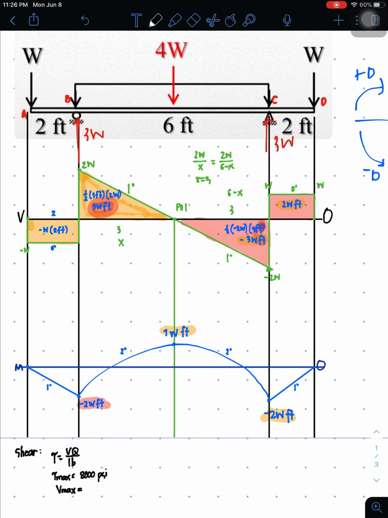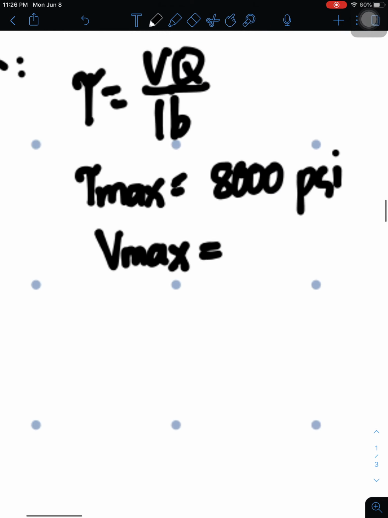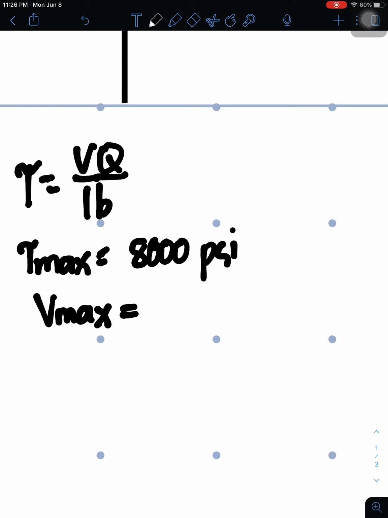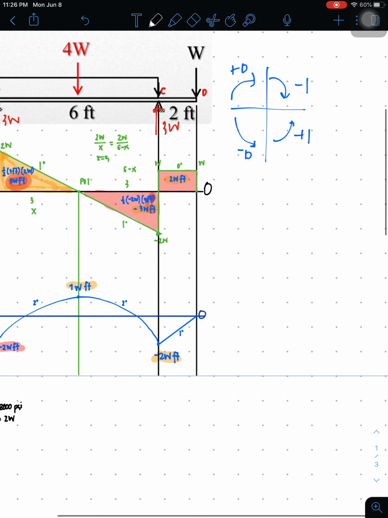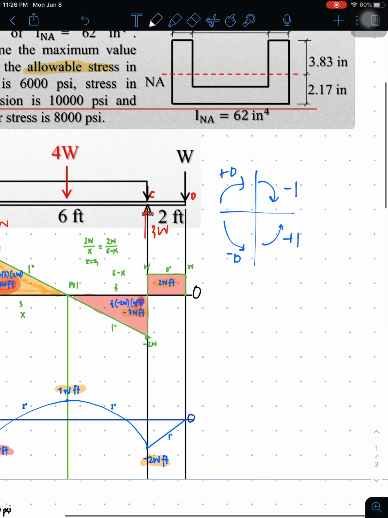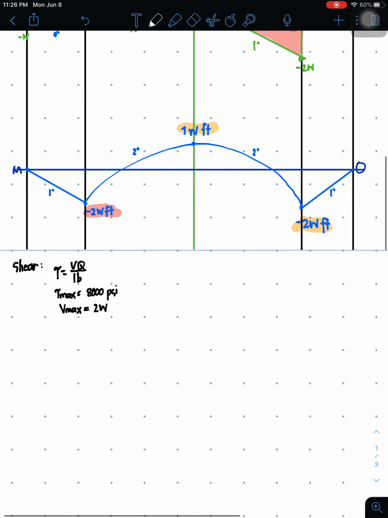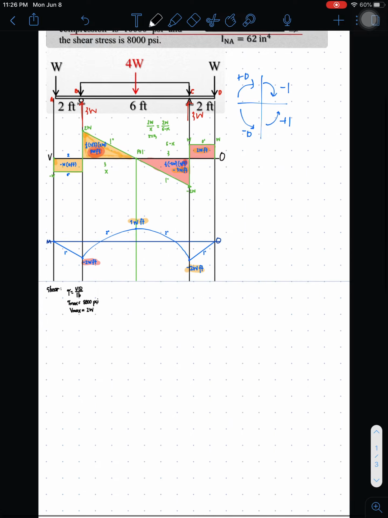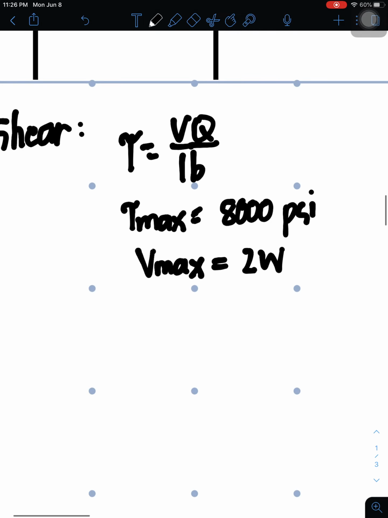May it be negative 2W or positive 2W, they're just the same. So 2W is our shear max. And then let's solve for, by the way, the I is already given, 62 inches to the 4th power.